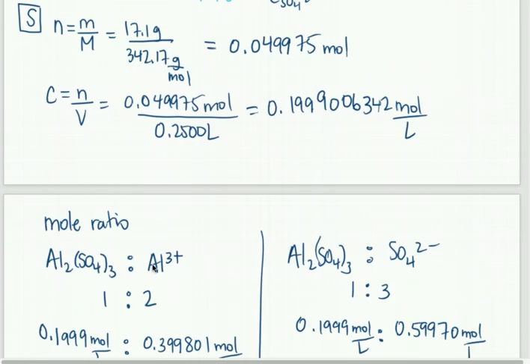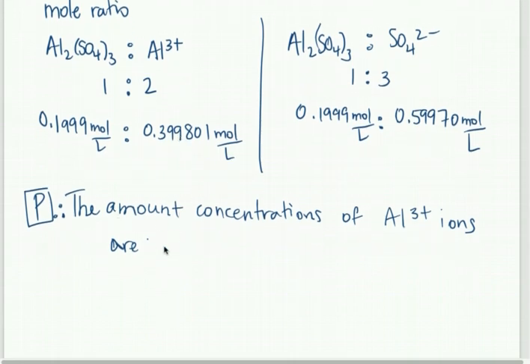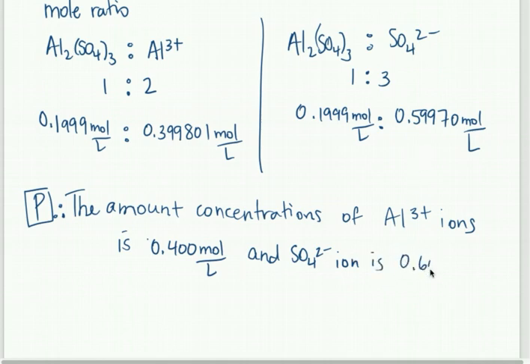So we need just 3 digits, which is going to be a little tricky here. So for 3 digits, we just have to go to 4 when we round it up, okay? So for aluminum, and for sulfate ions, again, rounding it up, but carry all the digits. So we have 3 significant digits. Okay, so the amount concentration of aluminum ions is 0.4 and 0.6 mole per liter.